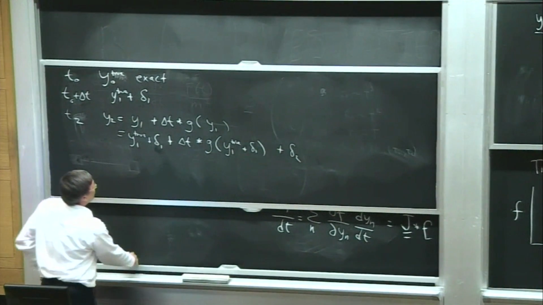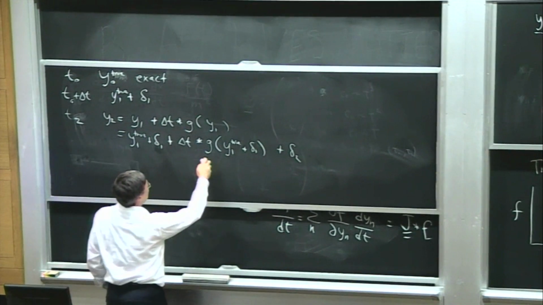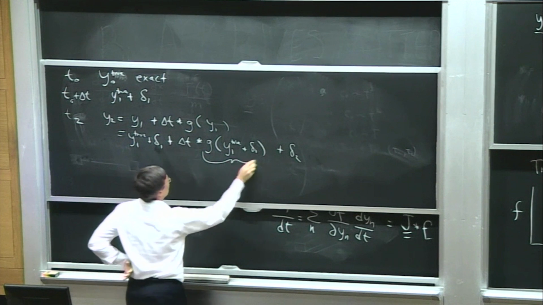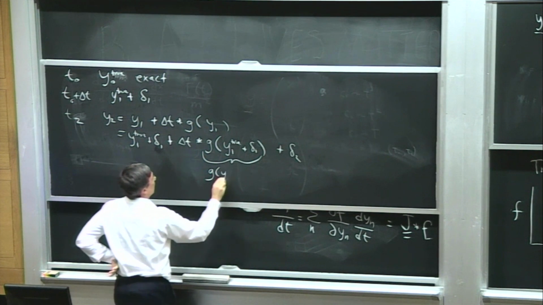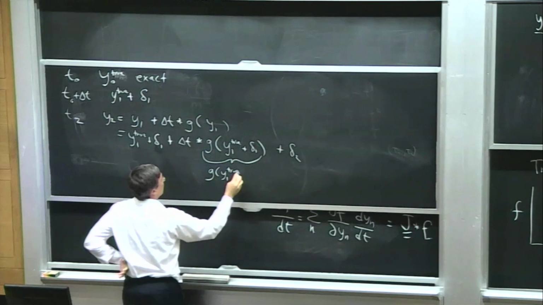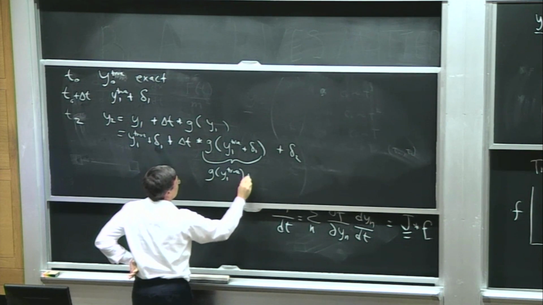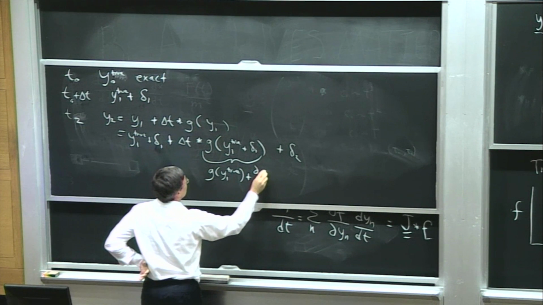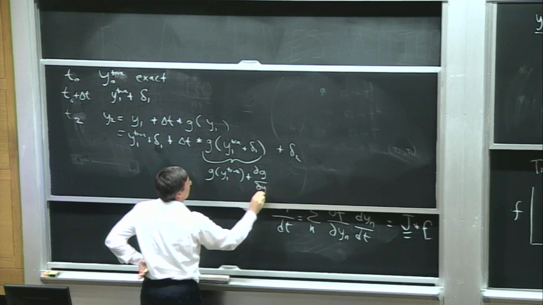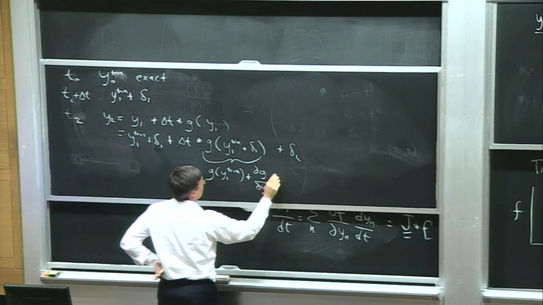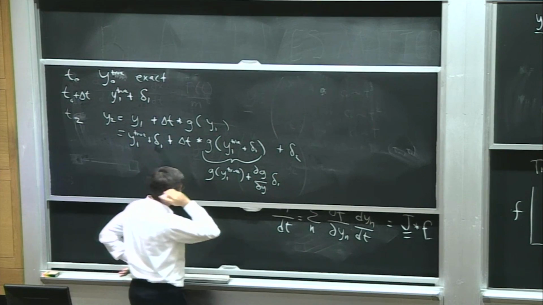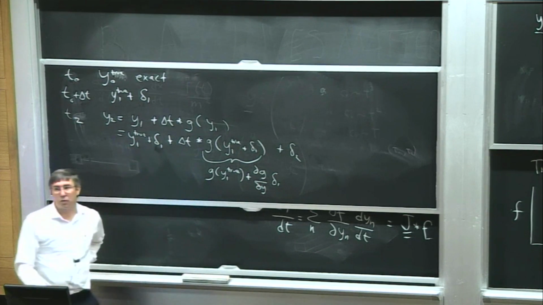So let's maybe do a Taylor expansion here. This will be G of Y1 true plus dG/dY, the Jacobian of G with respect to Y, times the delta 1. That's the first order Taylor expansion.